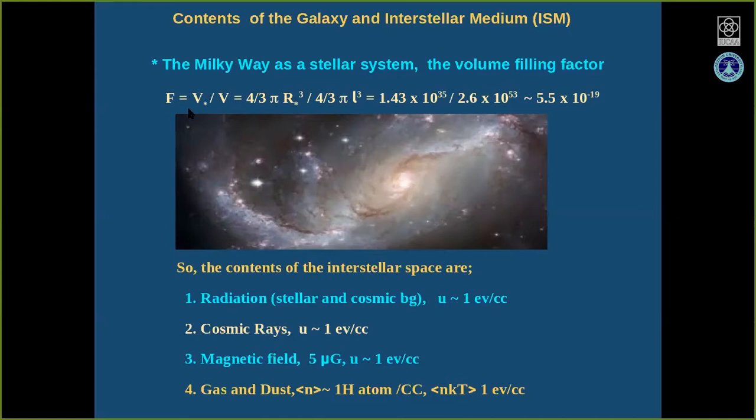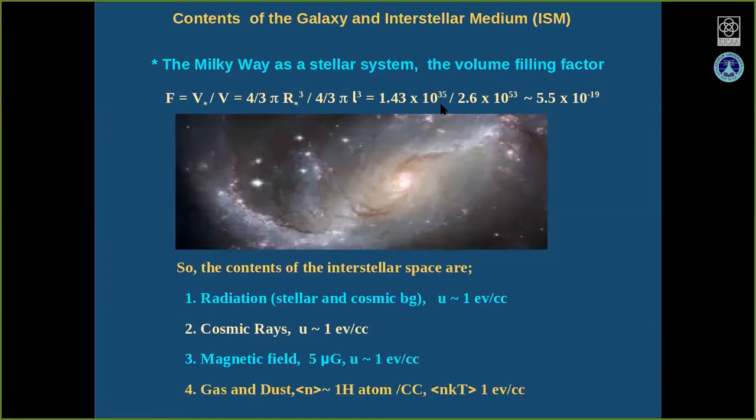Roughly, if we consider that all stars are sun-like, then the radius will be nearly 700,000 kilometers, and there are nearly 10 to the power 11 stars in our galaxy. Then the volume will be nearly 1.43 times 10 to the power 35.